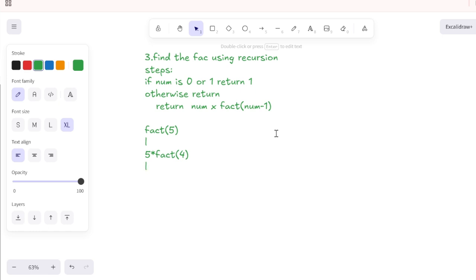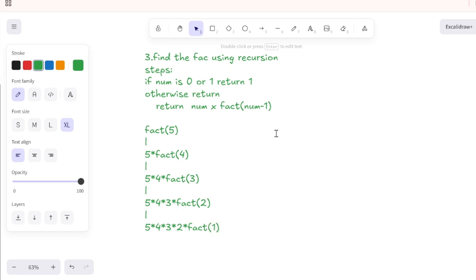Next, 5 into 4 into factorial of 3. Again 3 needs to get included in this: 5 into 4 into 3 into factorial of 2. Now 2 needs to be included: 5 into 4 into 3 into 2 into factorial of 1.